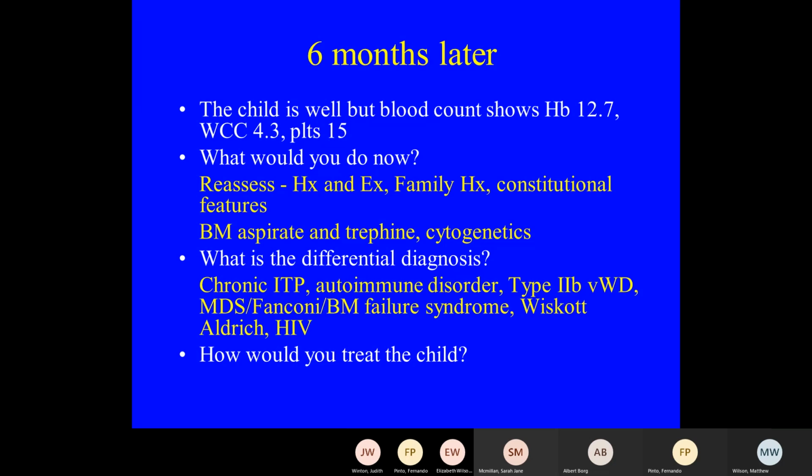You reassess the history, you reassess the condition. So the differential diagnosis is chronic ITP or any other autoimmune disorder; you go after other things that you haven't thought about or didn't look like it to begin with, because it's an ITP that hasn't gone in 6 months. Nowadays it's 12, it's changed, but you start thinking about investigation. How would you treat? Next.